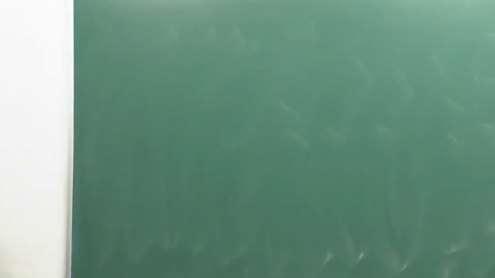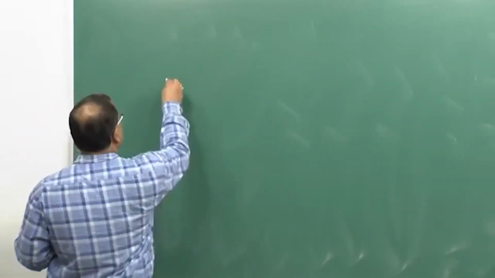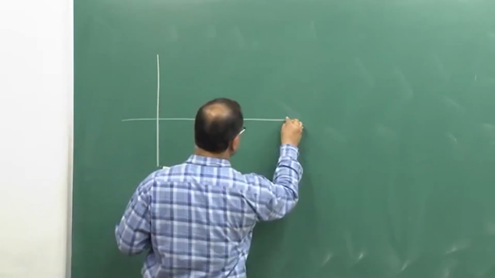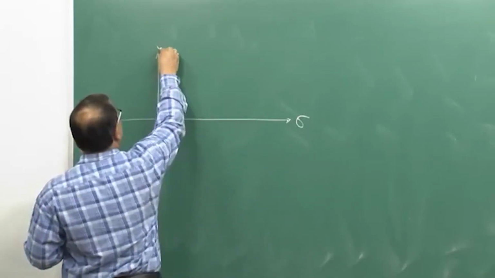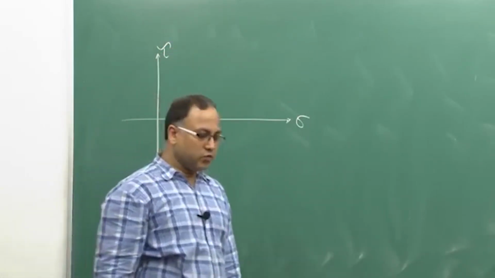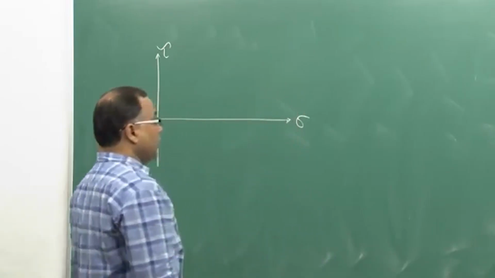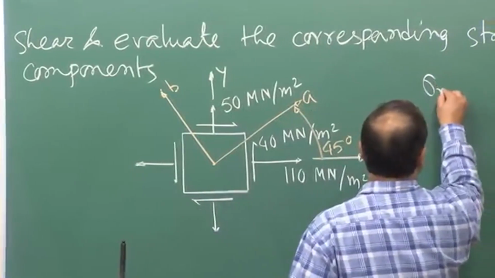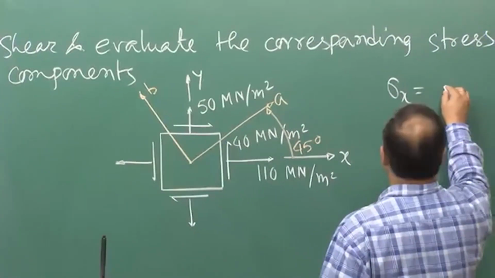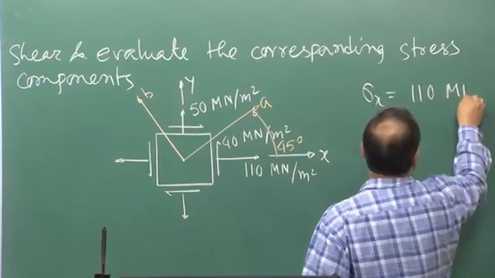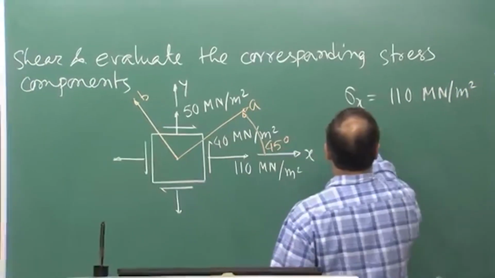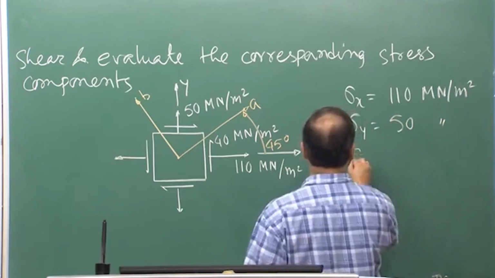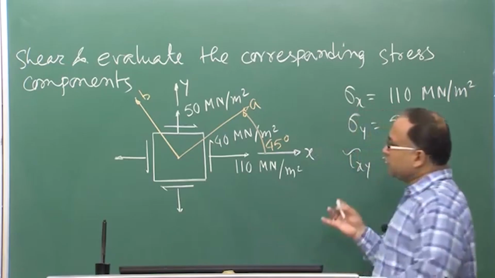So, let us construct the Mohr circle first. So, this is your sigma tau space, this is the Mohr circle of stress we are going to draw. Now, what are the things I know? I know sigma x equal to 110 meganewton per meter square, sigma y equal to 50 meganewton per meter square, and tau xy is positive or negative?